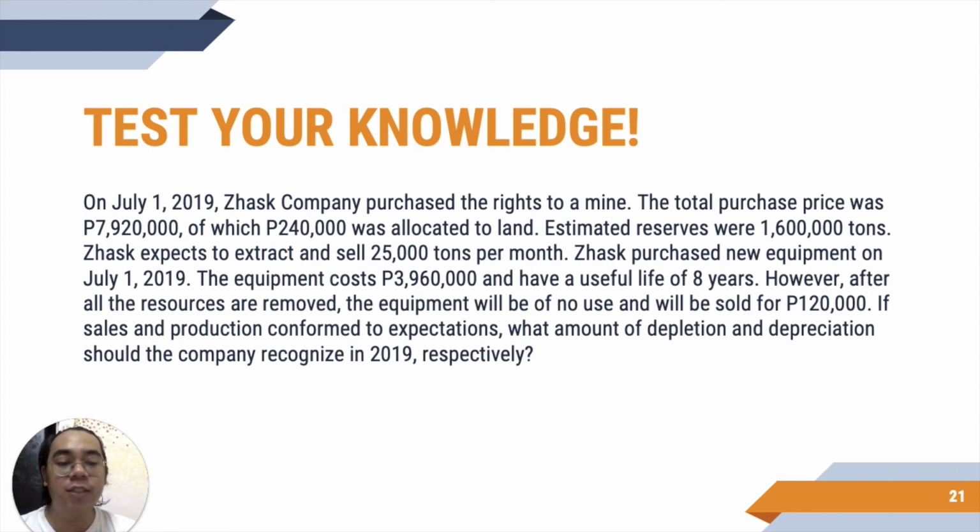ZASC purchased new equipment on July 1, 2019. The equipment cost 3,960,000 and have a useful life of 8 years. However, after all the resources are removed, the equipment will be of no use and will be sold for 120,000 pesos.